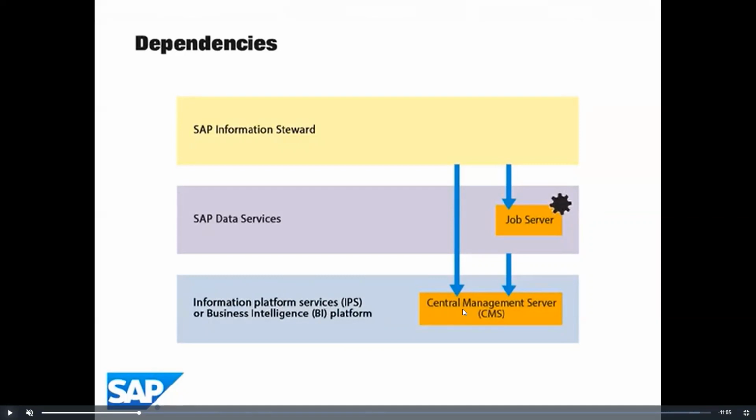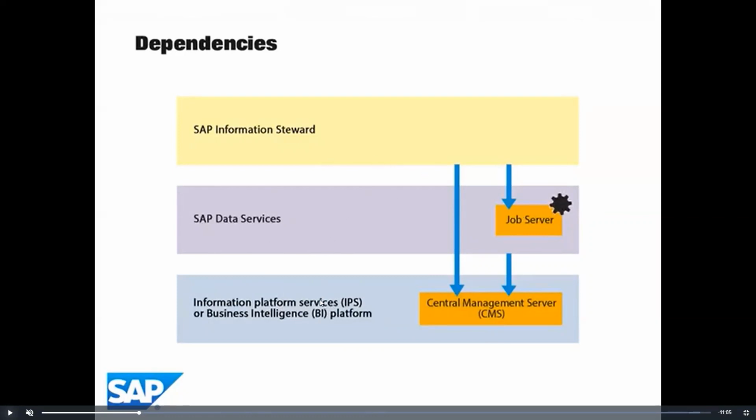Once you have finalized the platform to install, then BODS comes into the picture. The installation of BODS comes next, and it includes the job server installation also. Next to the installation of data services is where the information steward comes.